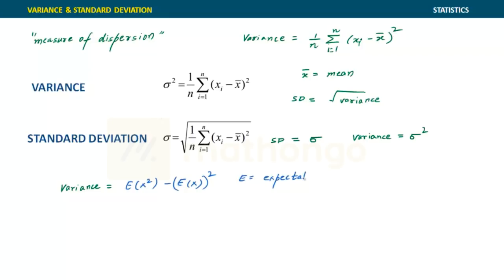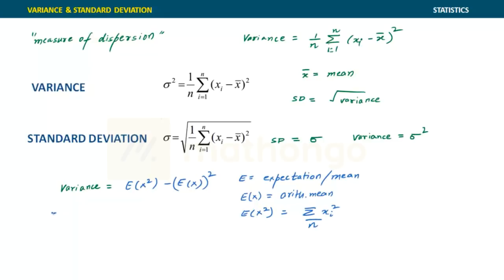E is nothing but expectation or mean. Expectation or mean are one and the same stuff. So this formula can also be used. E(X) here is nothing but your arithmetic mean, the normal mean, whatever you talk about. E(X square) is nothing but summation xi square by n, right? This is the formula.